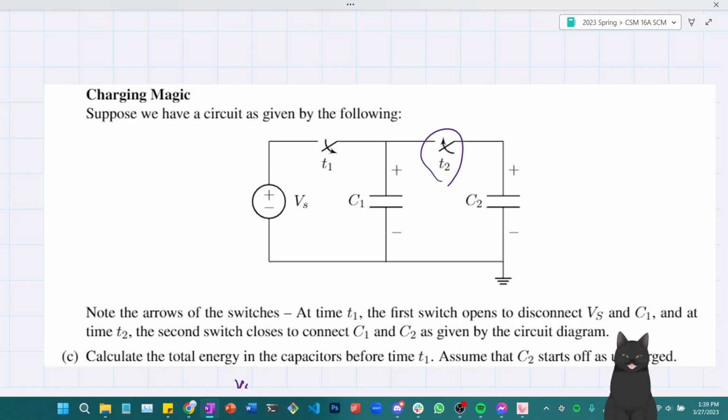Having this current flow can actually cause loss of energy, either converted into heat or stored in some other electric or magnetic field that the capacitor creates. As mentioned before, this is out of scope for 16A.